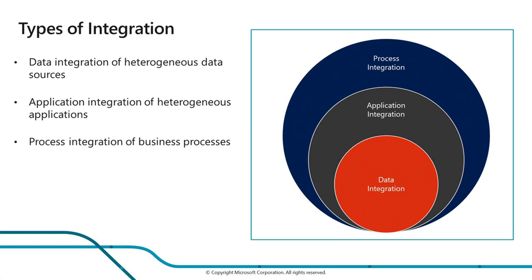The process integration, this is the third layer. You have multiple disparate systems, and each of those systems is part of an overall business function. So this is more at the business level, at the process level. You sometimes have to integrate multiple business processes.